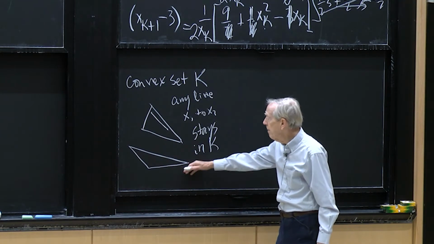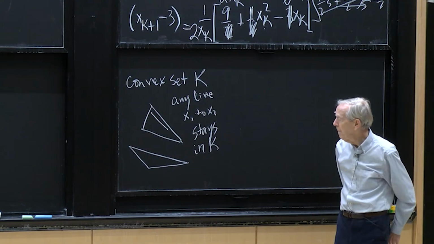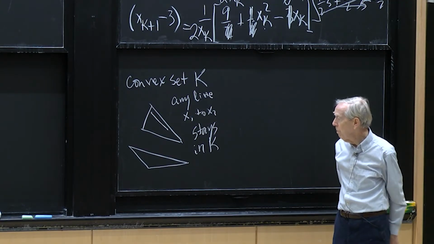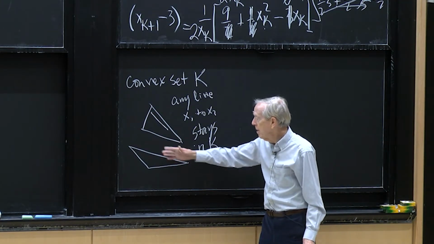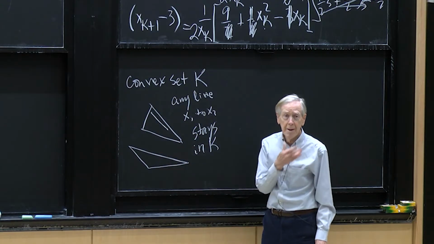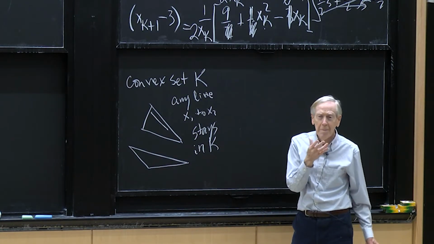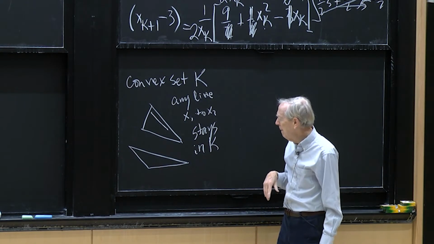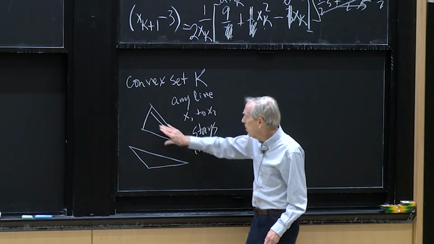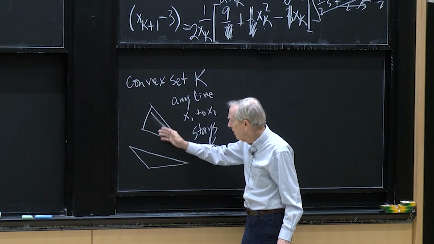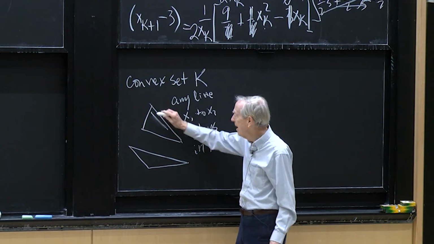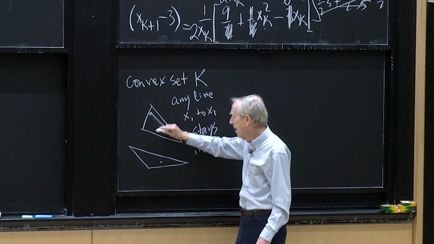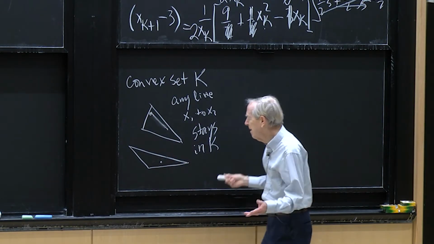But now, what if I put those two triangles together? Take their union. Well, if I take them sitting with a big gap between, I've lost. Because if I took that point and that point, of course, it goes outside.